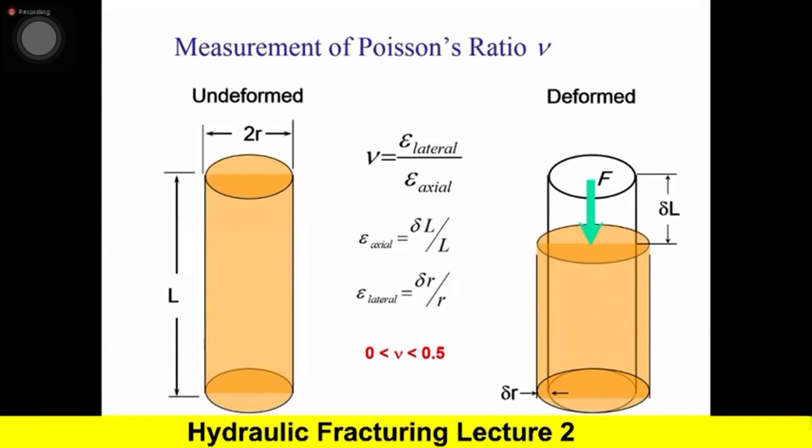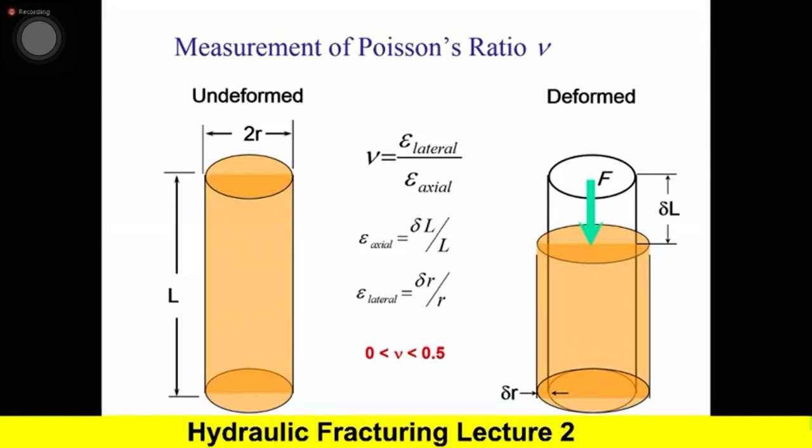If I give you a problem, and I've done that before to trick the students, and you end up calculating a Poisson's ratio of 0.5 or larger, then unless I wrote the problem wrong, which is very unlikely, you made a mistake.